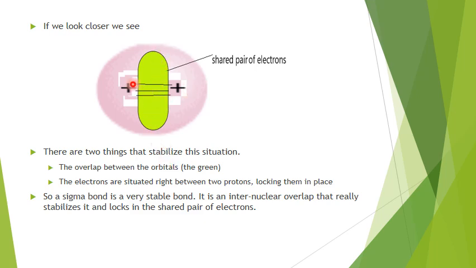The other thing that stabilizes this is that this overlap is between two sets of protons, which lock these negative electrons into place. So this makes a sigma bond very stable, because not only is there a sharing, an overlap, but that overlap is between protons, locking it into place. So a sigma bond is very stable.